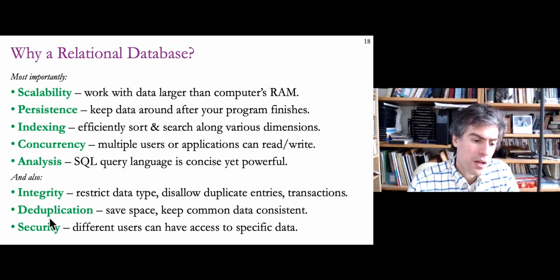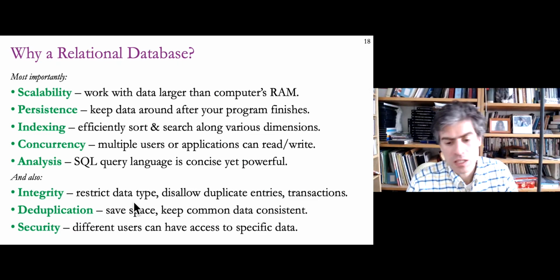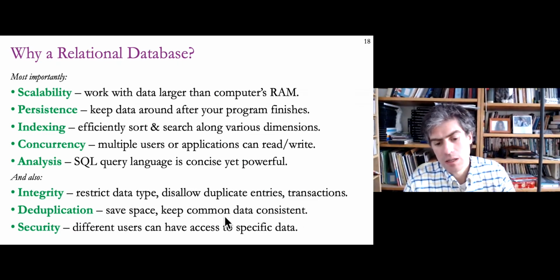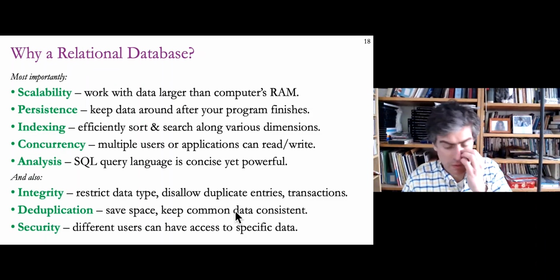The normalization of data eliminates duplication and waste, so we save space by storing common data in one place. And also we make that data consistent.